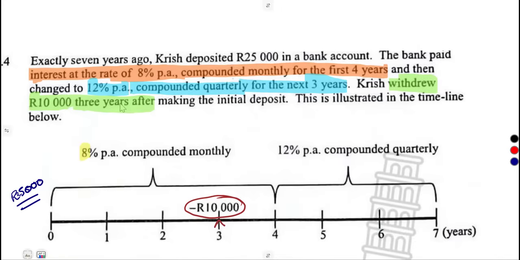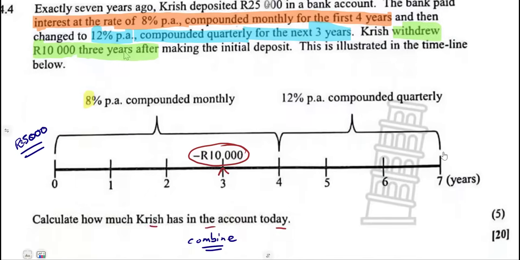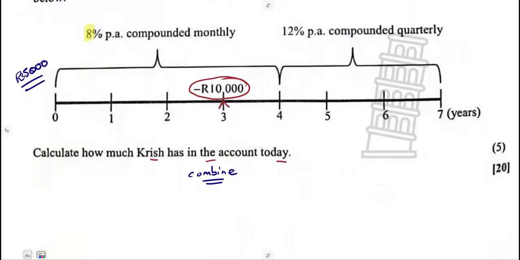So let's talk about that deposit for the first 4 years. A deposit of 25,000 is being made into an account which gives 8% per annum, compounded monthly.